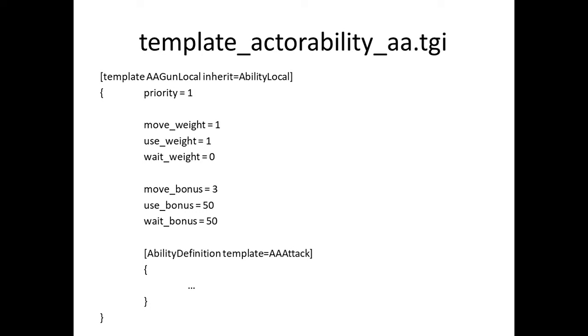I should say use bonus obviously is how imperative it is that this ability be used, especially in the order of what ability to use at a given time, if all those abilities are capable of being used. Weight bonus, on the other hand, is how long do we keep this ability active. This goes back to the idle animation.